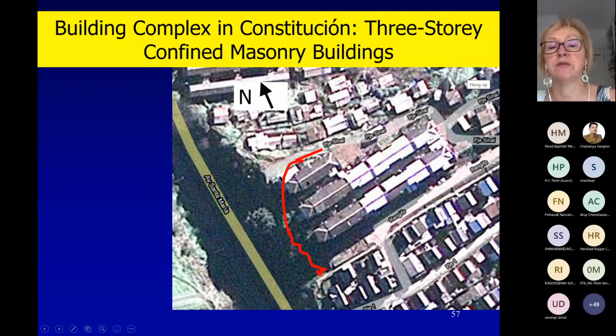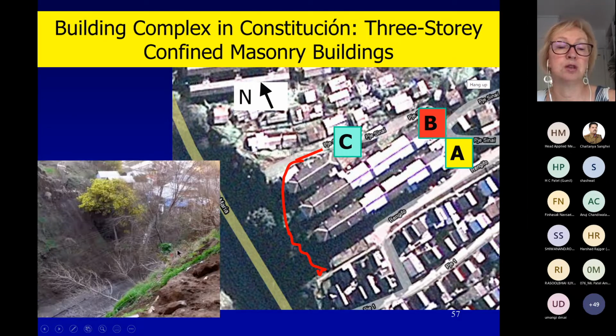There were several buildings, more than 3, but you can see here at least 3 buildings, roof levels of these 3 buildings. We will label them A, B, and C. Buildings A and B, and then C is the one that was most heavily damaged. That is the sloped ground, a very steep slope, more than 45 degrees. So the location is on the hill.